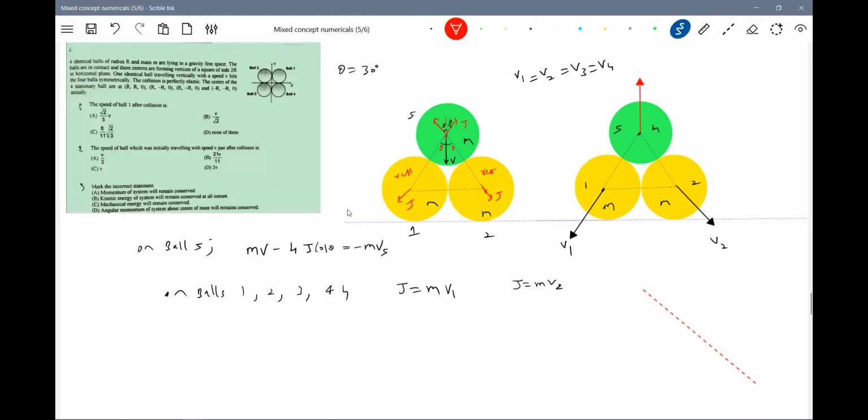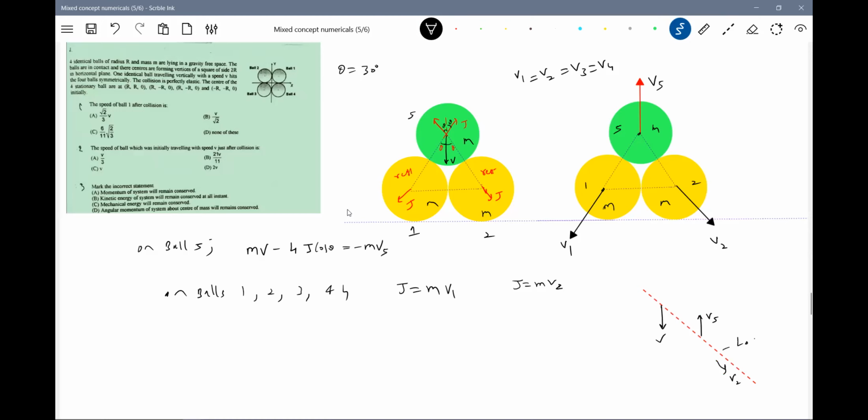This will be the velocity of the ball before collision. It was V. After collision, it has become V5. And that of ball 2, I am writing ball 2, the diagram which I drew now.